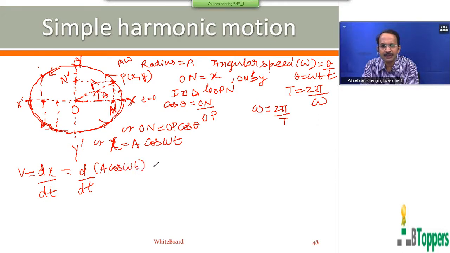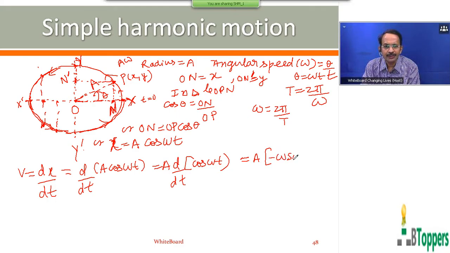Because a is the radius of the circular path, a constant, you can put it outside the derivative symbol. d by dt of cos omega t, as I told you earlier, can be written as minus omega into sin omega t. So the instantaneous velocity is minus a omega into sin omega t.